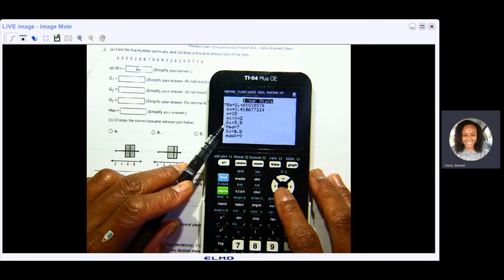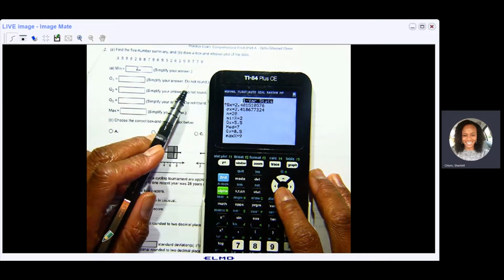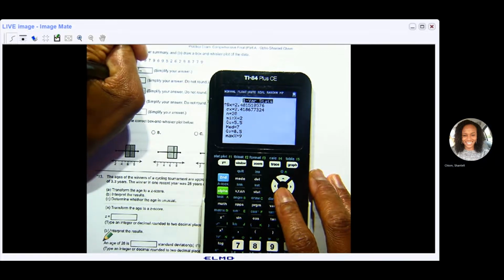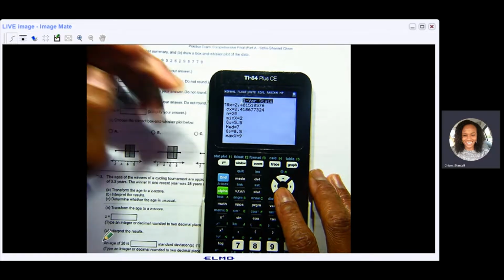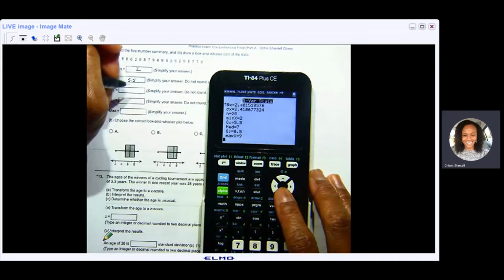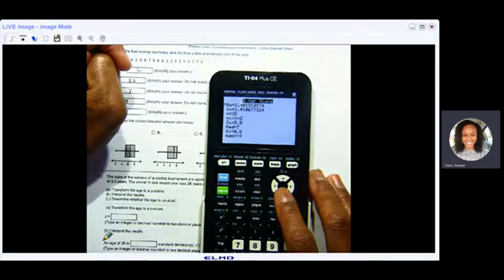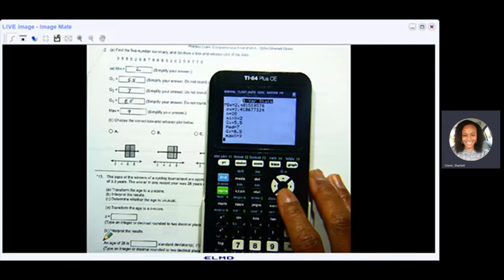After the minimum, you got Q1. Don't round it. It tells you right there, do not round. Keep it exact. So 5.5. Q2 is the median, called MED on the calculator. And Q3 is 8.5. And then your max is 9.